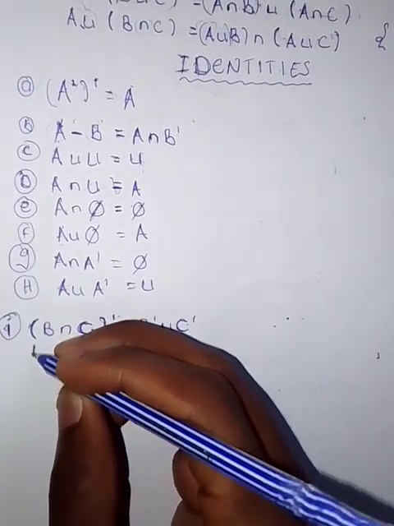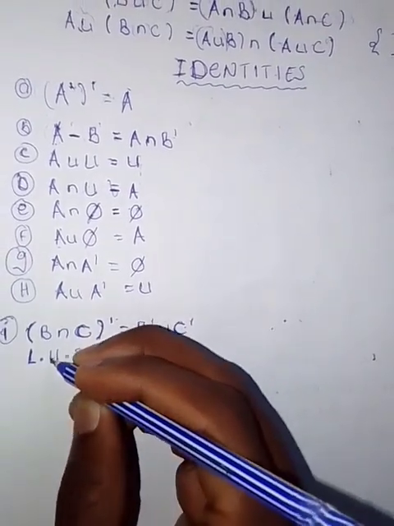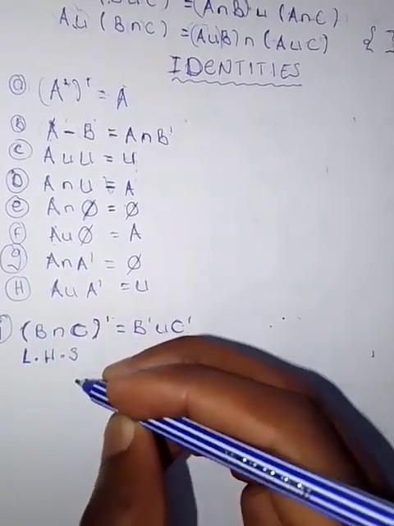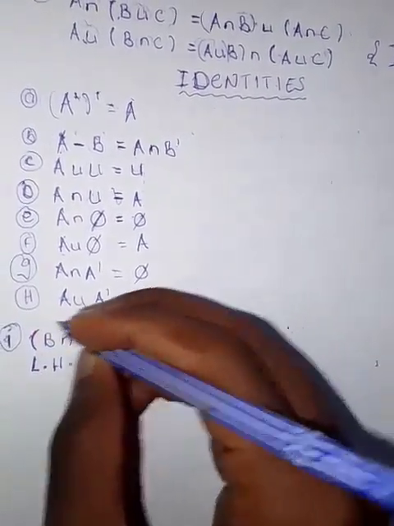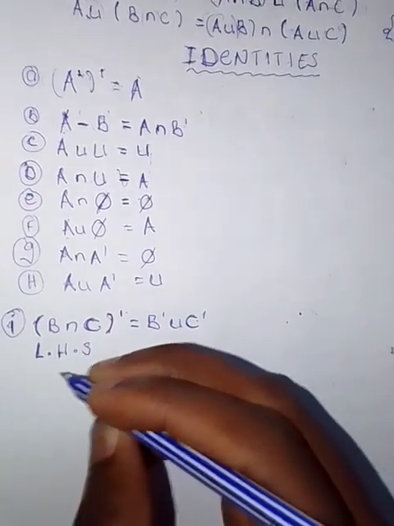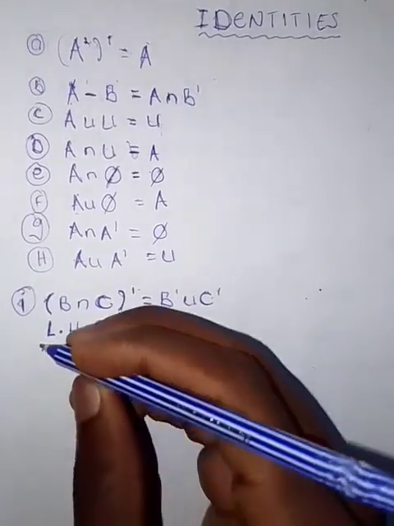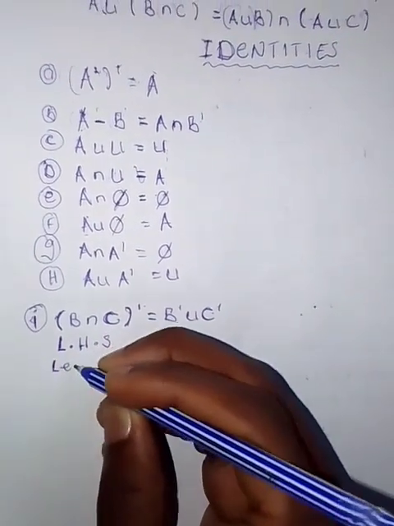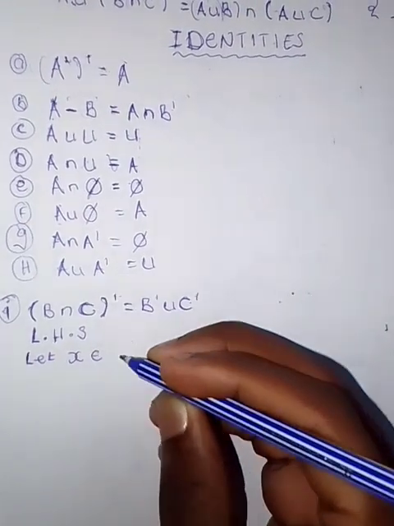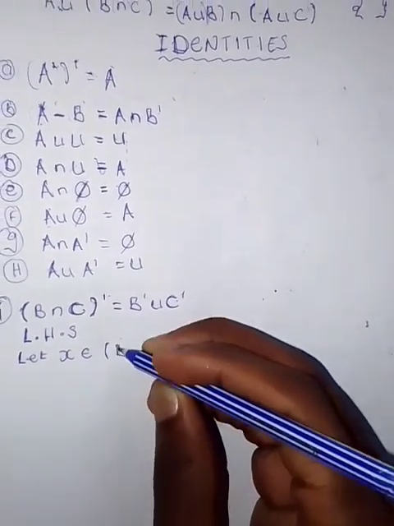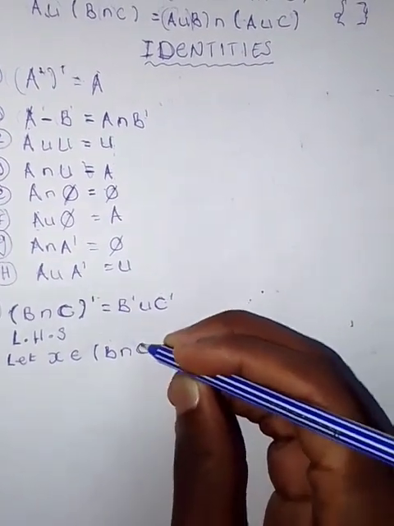You are going to say left hand side, and then you are going to assume that x is a member of this whole set. So you are going to say, let x be a member of B intersected with C, complement.